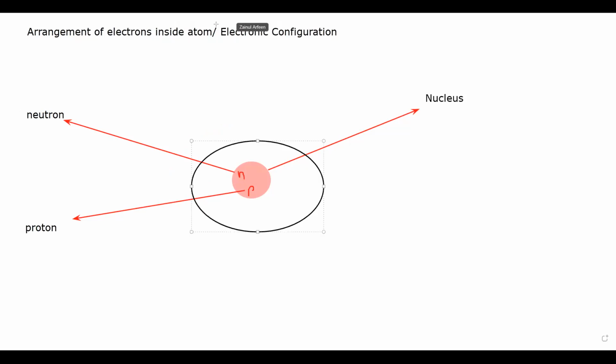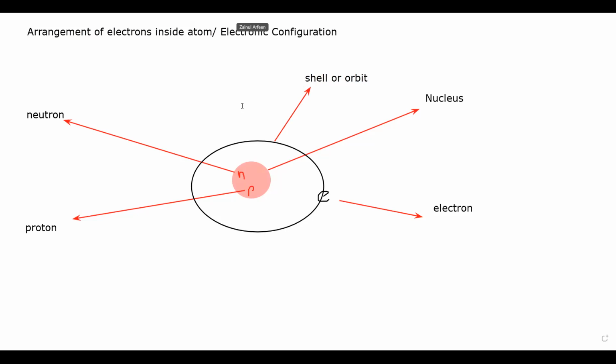That particle is known as the electron. The electron is moving in a region which we call a shell or orbit. So the space where the electron is moving around the nucleus is known as a shell or orbit.